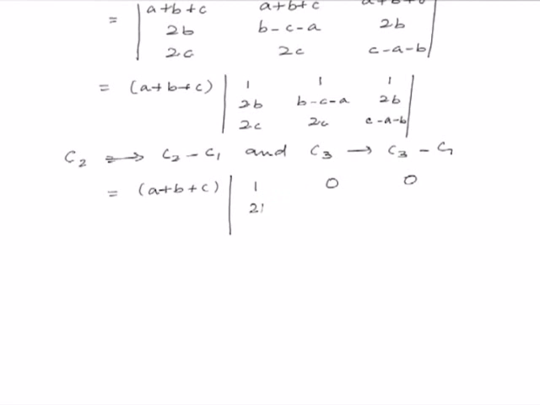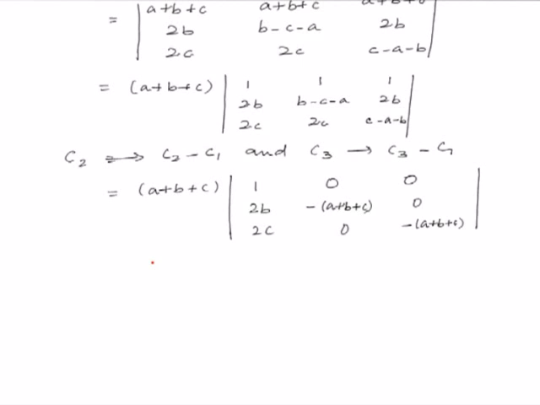So I get minus of a plus b plus c in the second column, and in the third column it is 0 because 1 minus 1 becomes 0, and 2b minus 2b is also 0, and the last element is c minus a minus b minus 2c, so I get minus of a plus b plus c.